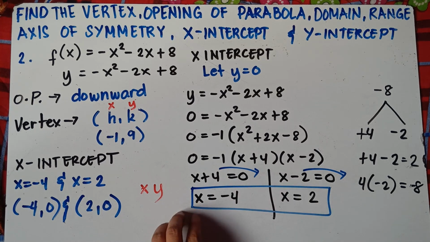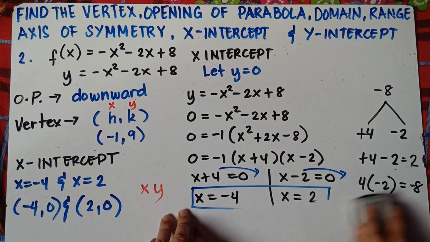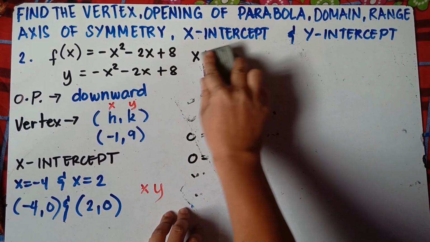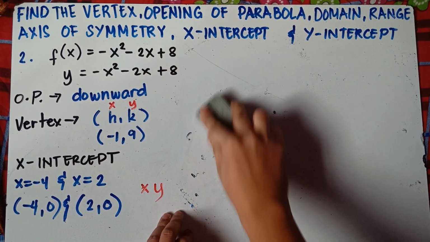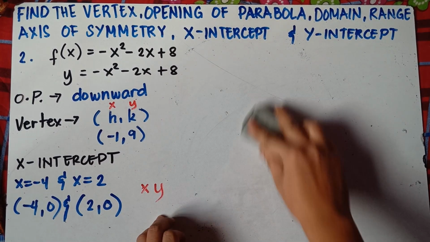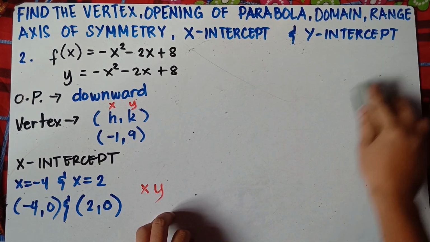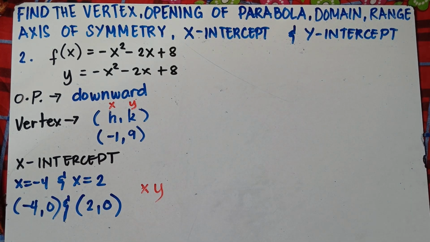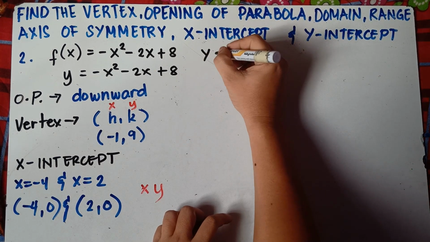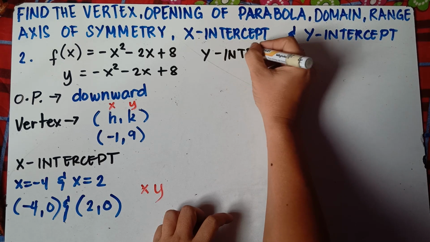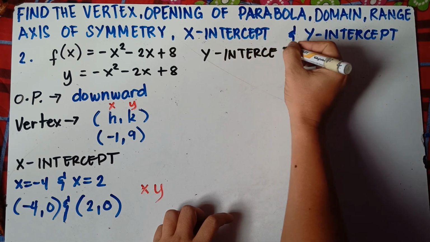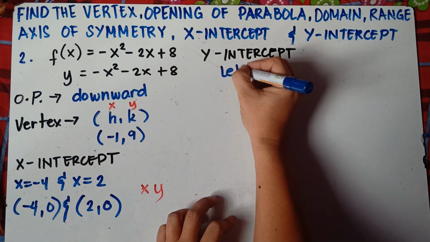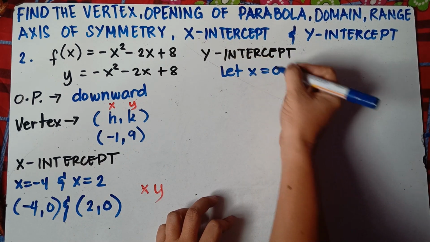Next part is we need to find the y-intercept. Alright, it's easy, class, to find the y-intercept. To find the y-intercept, we just let x equal to 0. So to find the y-intercept, we let x equal to 0.